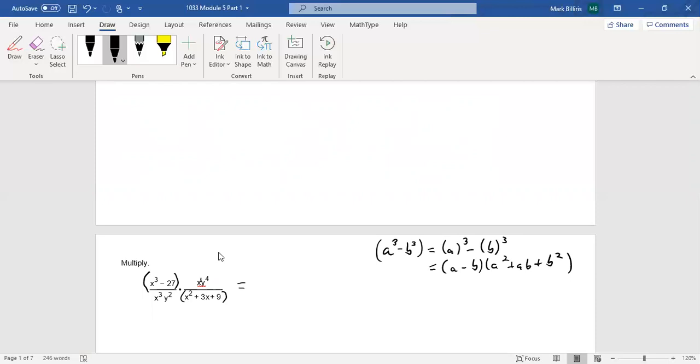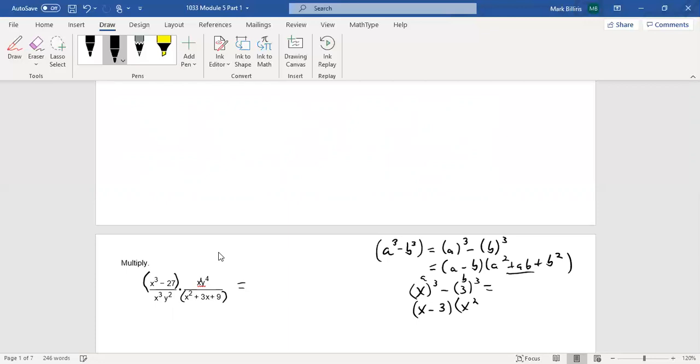So the x cubed minus 27, I'm going to go ahead and factor that over here. It's x cubed minus 27, which is 3 cubed. So that's our a and b from like we did before. Then remember it's a minus b, so it's going to be x minus 3 times a times itself, so x times itself is x squared.